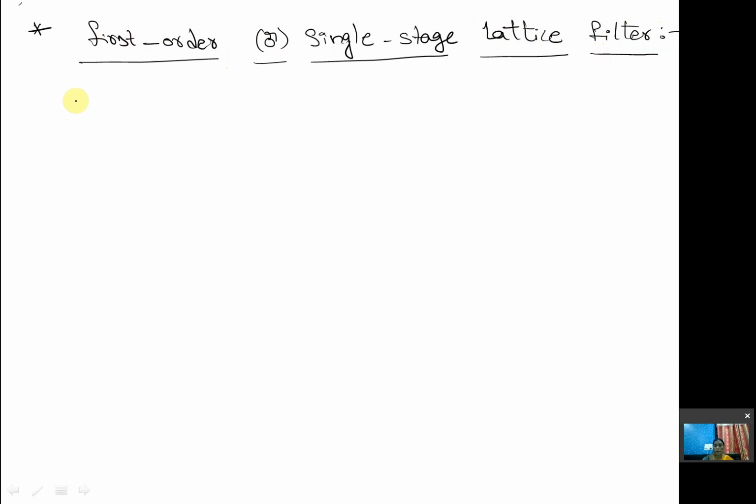That means here m is equal to 1. Am I correct? M is equal to 1.